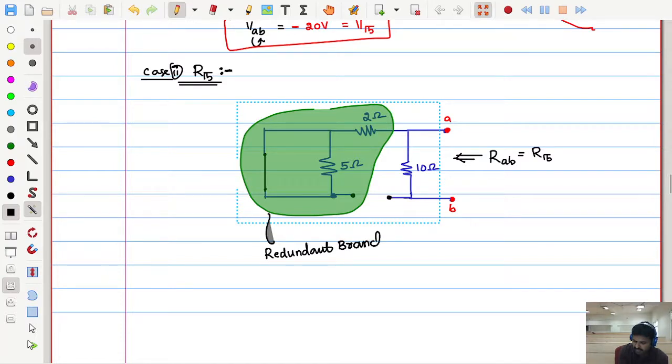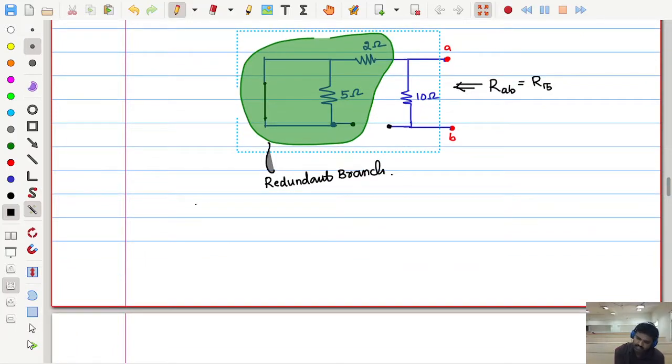It means only one terminal is connected to us and one terminal is hanging in the air. Such branches we call redundant branches. So the use of that branch is nil. There is no use of that branch. So now, the RTH, which is the resistance between the AB terminals, is directly 10 ohms, which is equal to RTH.